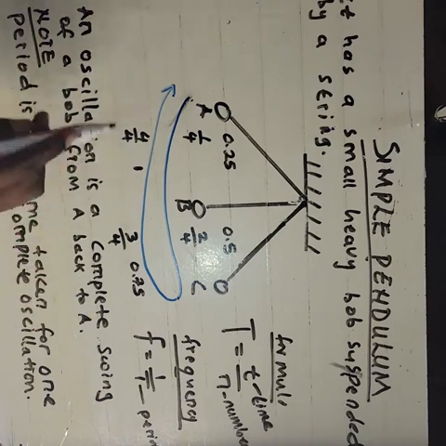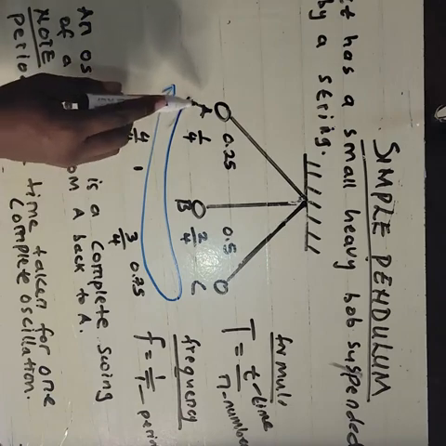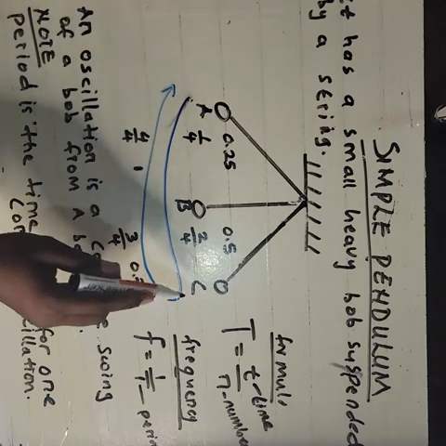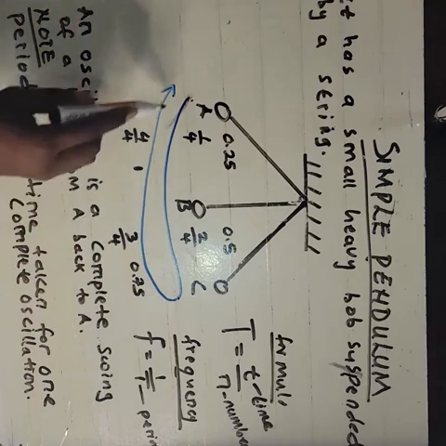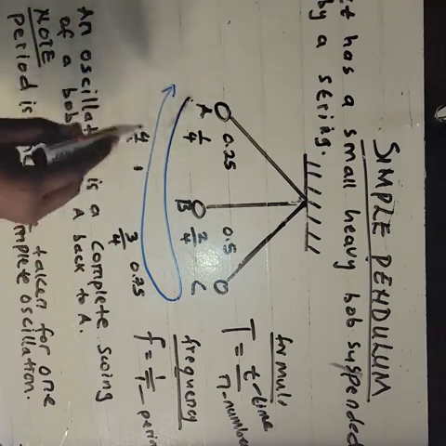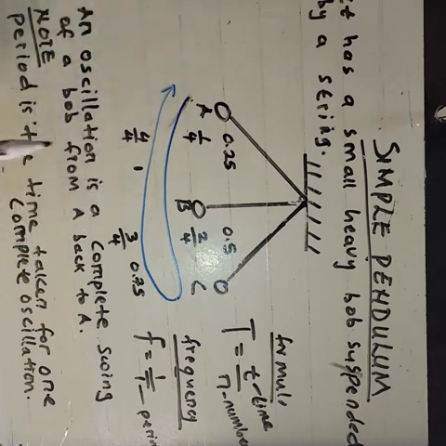So that is how a pendulum moves. It will move from point A to B, C, back to B, and also back to A. So this is now a full or a complete oscillation, one complete oscillation.